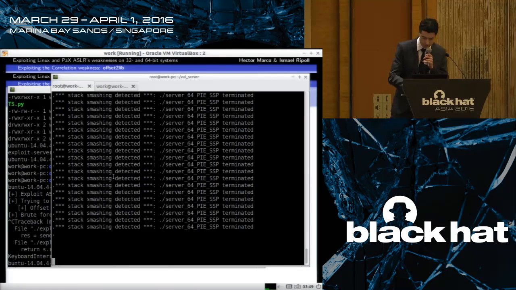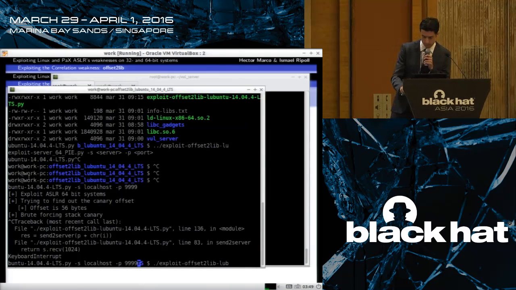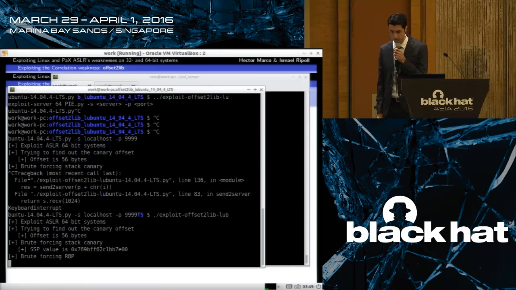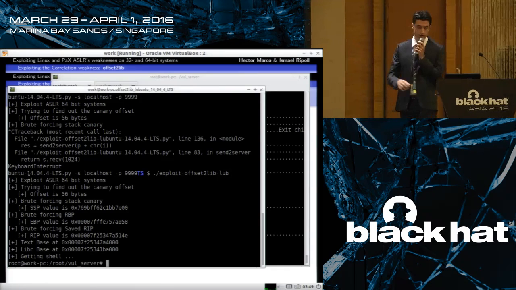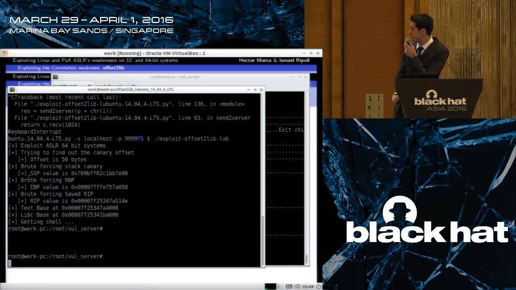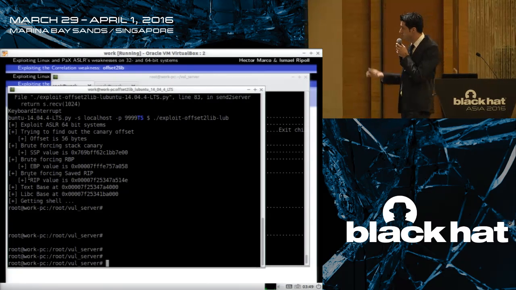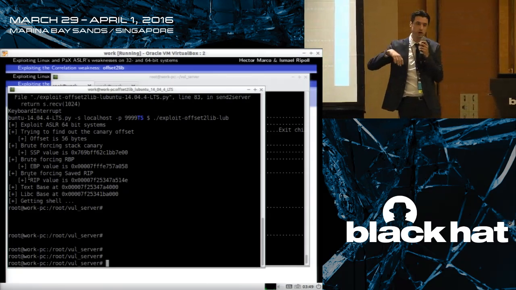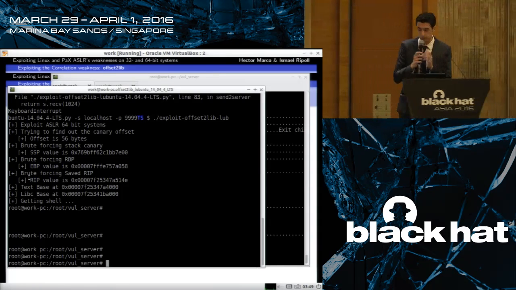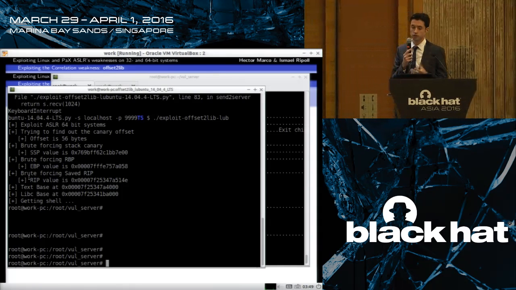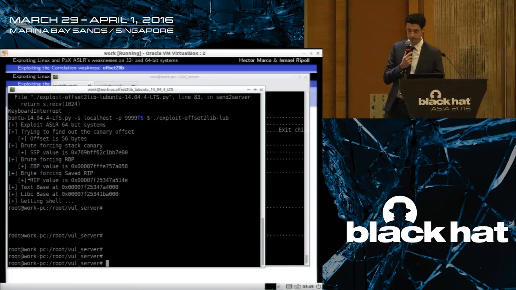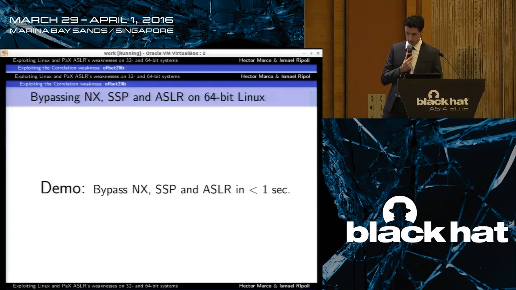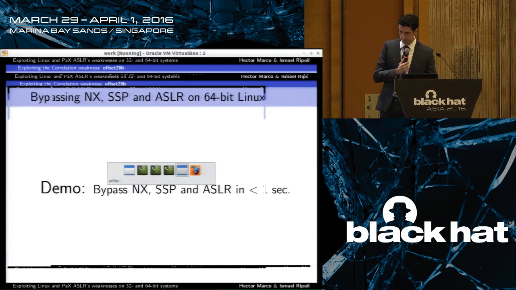So I launch the exploit again, and now I expect, yeah, in more or less 1 second we got a shell, as you can see here, a root shell. So we are bypassing the three most well-known protection mechanisms. This is just to show you how dangerous a correlation weakness can be.